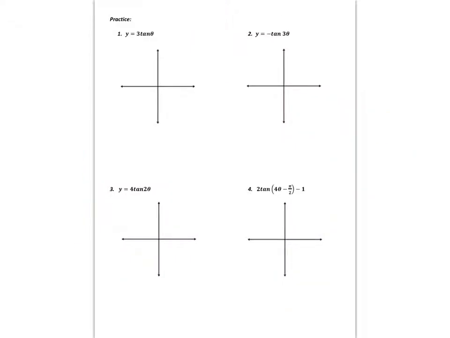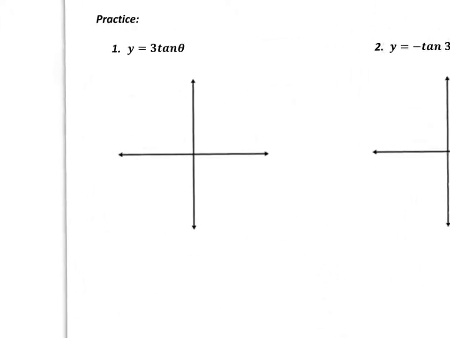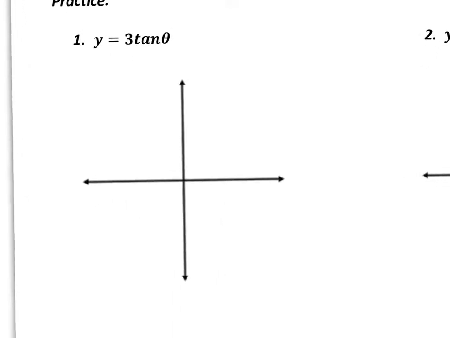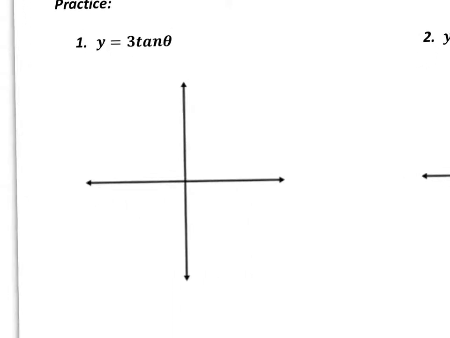All right, page 2. Let's talk about graphing. All right, for the very first one, because there's only one thing that is occurring here, what I am going to do is start by just simply graphing y equals the tangent of theta. I'm going to graph the parent function so that you understand the 5 pieces that I'm looking for.